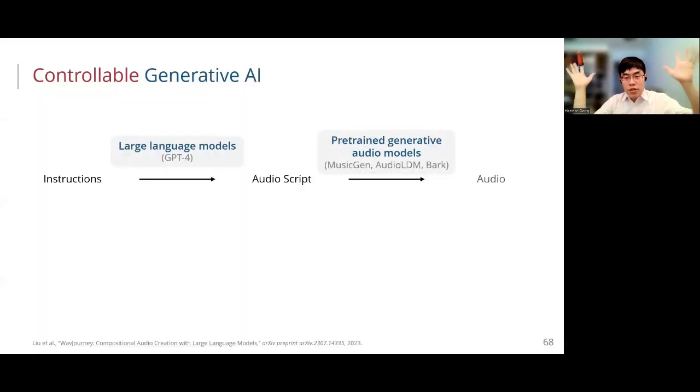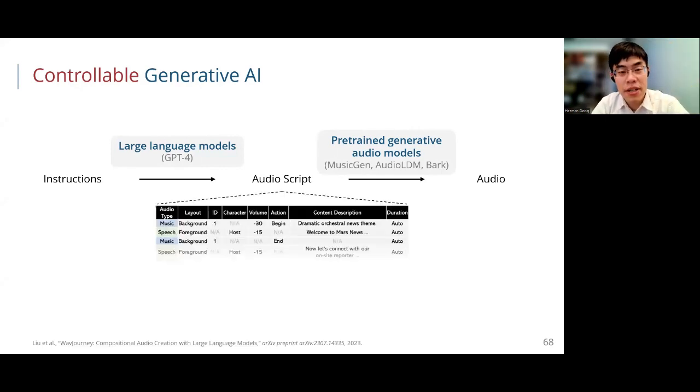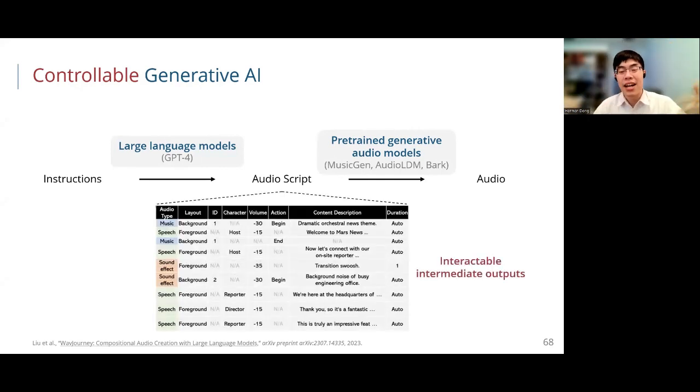Cool. So basically what they did is, you have the instruction and they use GPT-4 to generate something called an audio script. It's basically a table that shows from which time to which time in the video you want what kind of music, speech or sound effects.